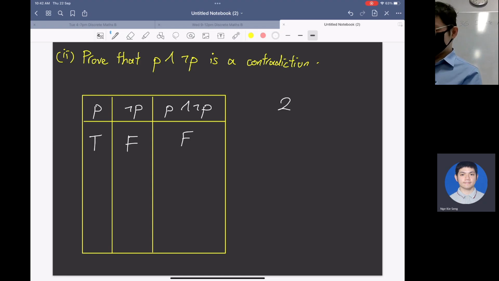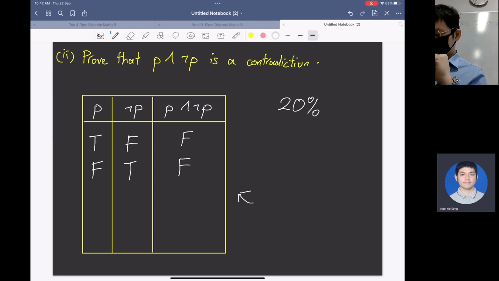Okay, I give you 20 marks for answering me. Okay. So there's another possibility, right? P can be false as well. Okay. So not P is true. So P and not P is false. Okay.